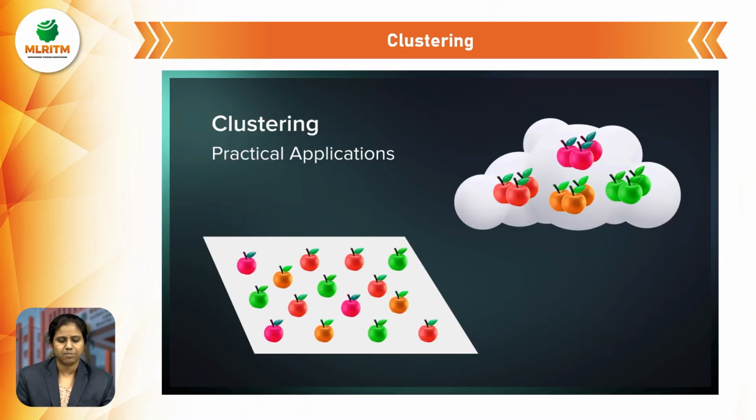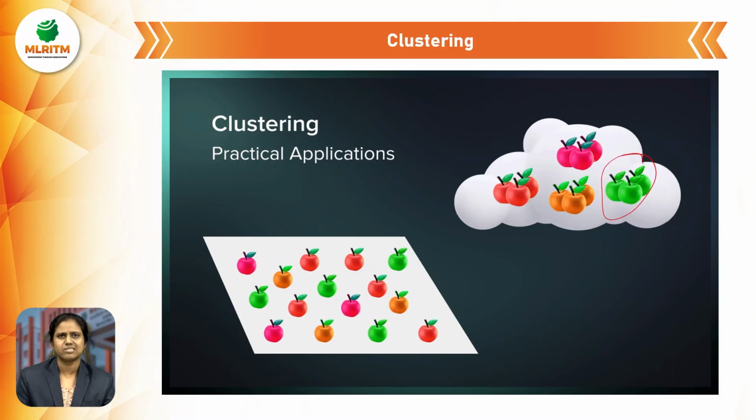This is a practical example where you can see a basket full of apples, of pink color, green color, or any different color. What we are going to do is group them into categories, like a red category, a pink category, an orange category, or a yellow category.